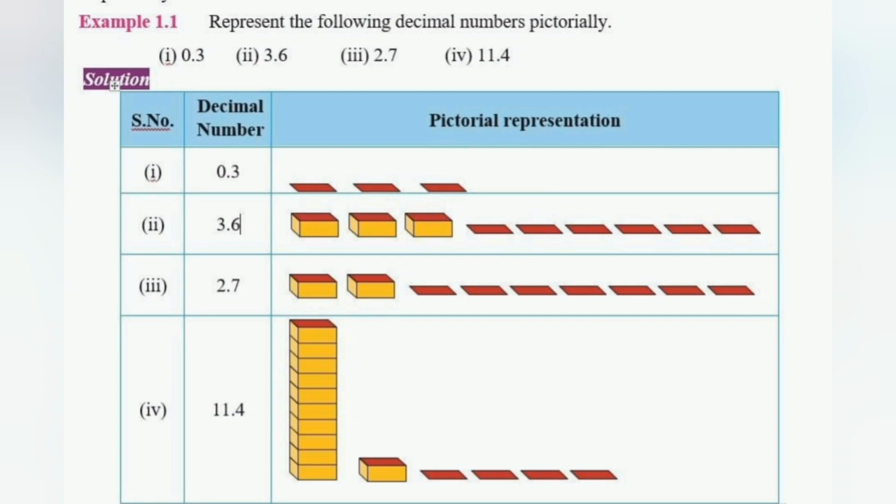So the whole number part is 10 plus 1, 11. The fractional part is 4 tenths, so nothing but 0.4. Am I clear? 11.4.